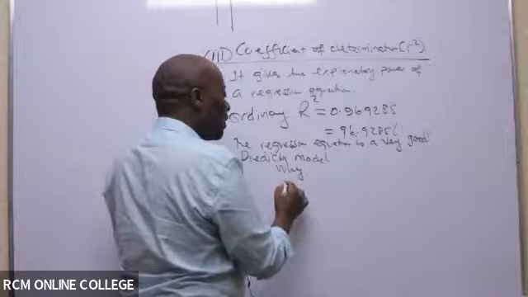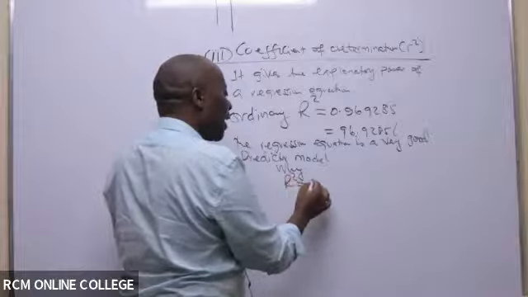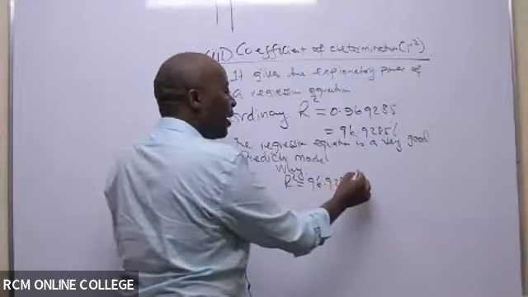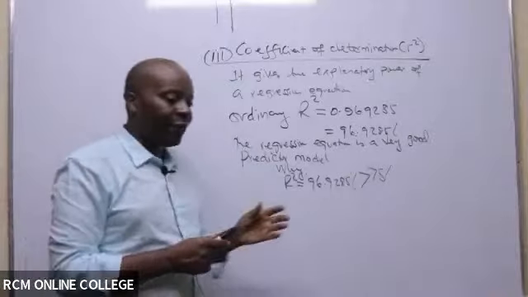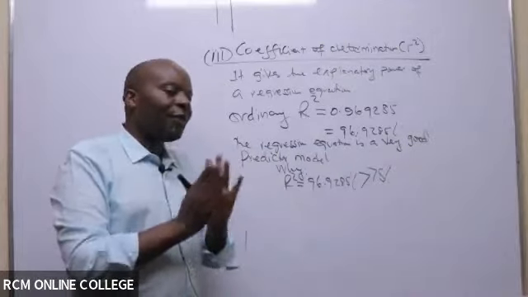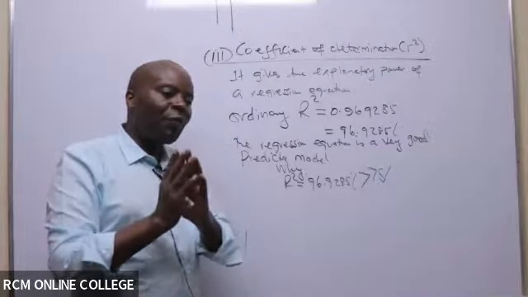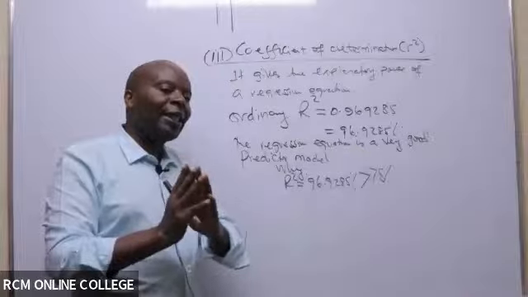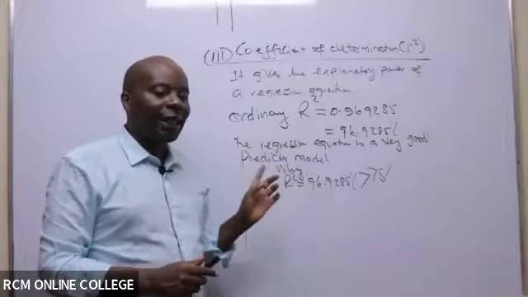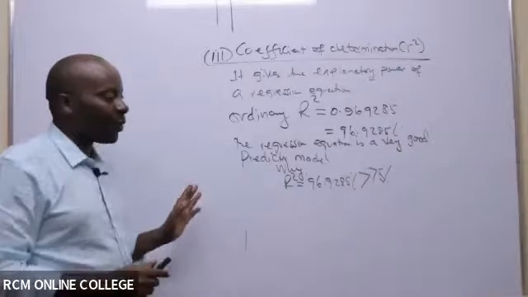You see here, the R squared is 96.9285, and the rule of thumb is that whenever it is more than 50%, it is good, and 75% is the excellence level. Anytime we talk of 75% and above, we say it is very good. Actually, it's excellent.